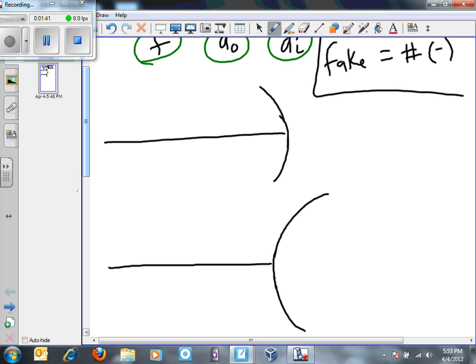So we'll kind of look at this. This here would be a focal point, and if we take the radius of this circle, this focal point would be at half of the radius, and this is for a spherical mirror.